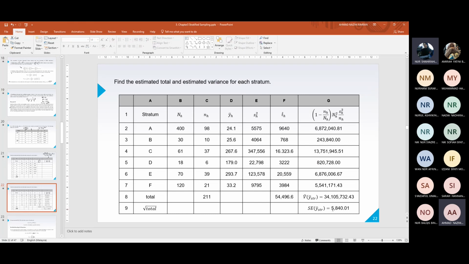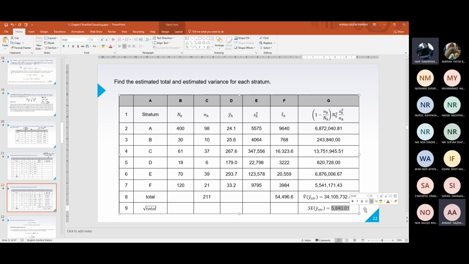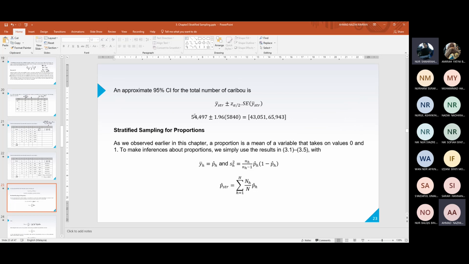Once we have calculated the standard error of the mean flying time of Nelchina herd by using stratified random sampling, then you can calculate the confidence interval here by using this formula. If you look here, 1.96, we can say that this approximation is at 95% confidence interval.